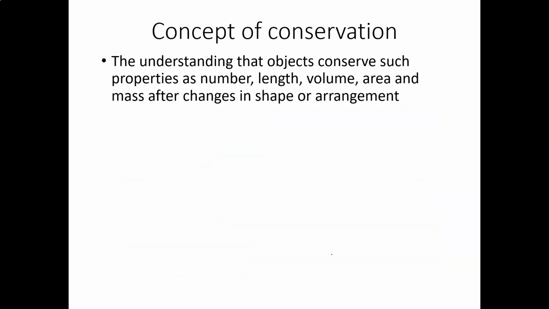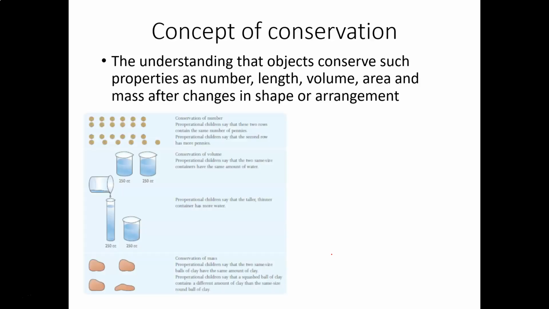Another feature that is lacking in the pre-operational stage is the concept of conservation. It's the understanding that objects do not change in properties like number, length, volume, area, and mass, despite the fact that they might change in shape and arrangement. We can test children to see whether they have a concept of conservation.